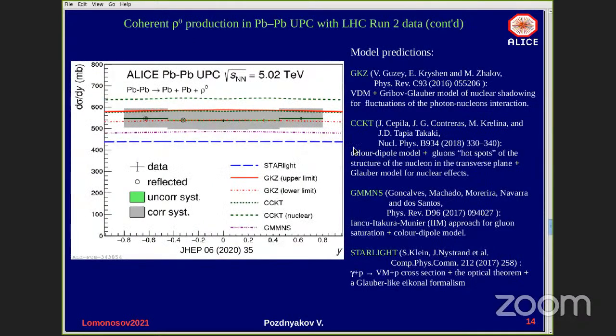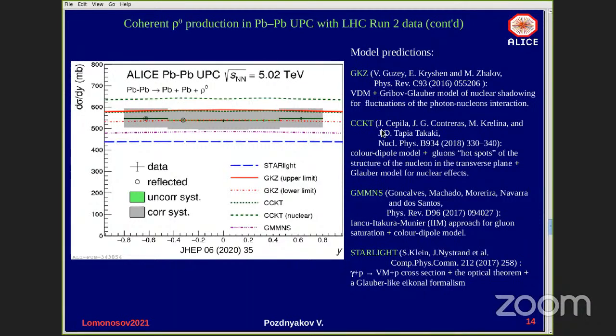So we made a measurement of rho-zero photoproduction and compared with the same models I mentioned above for J/psi.